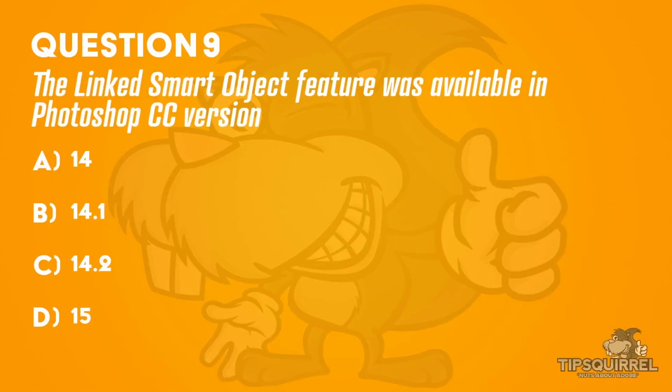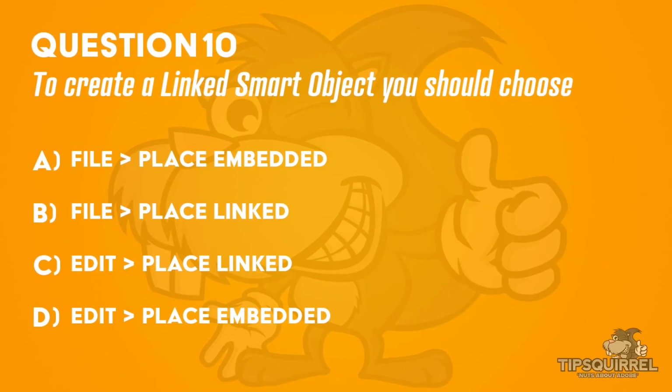And question number 10. To create a linked smart object, you should choose A, file and then place embedded, B, file and then place linked, C, edit, then place linked, or D, edit and then place embedded.